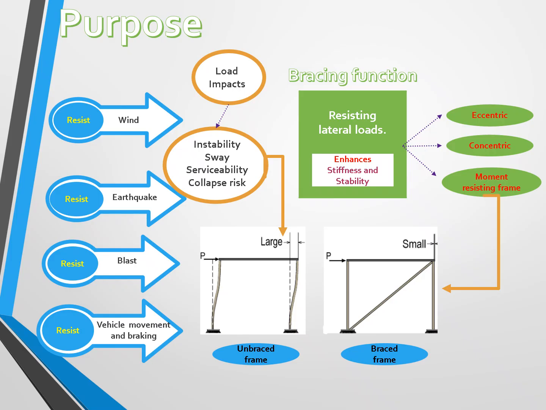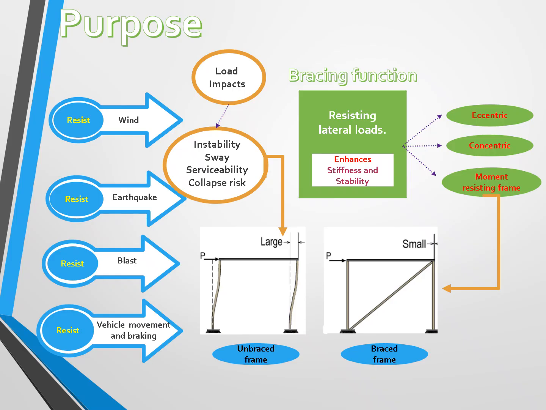What are the load impacts? They result in instability of the structure, sway, they might result in serviceability issues, and finally, they might result in a collapse. As you can see here in this image, showing an unbraced frame.